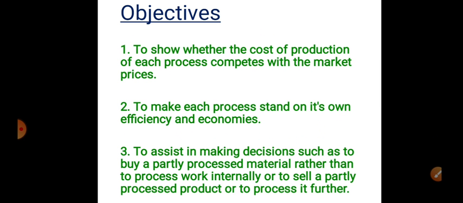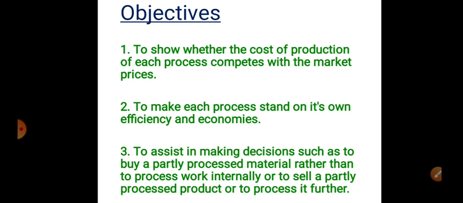objective: to assist in making decisions, such as to buy a partly processed material rather than to process work internally, or to sell a partly processed product, or to process it further. Inter-process profit is very helpful in taking decisions in the case of buying a partly processed material.